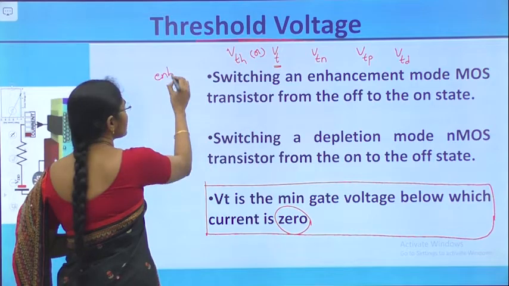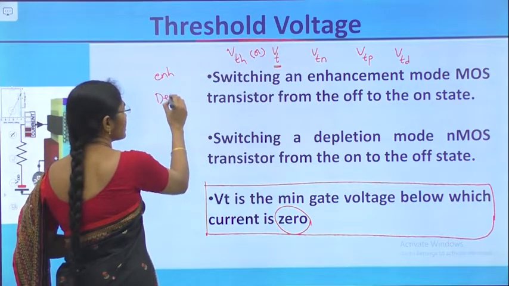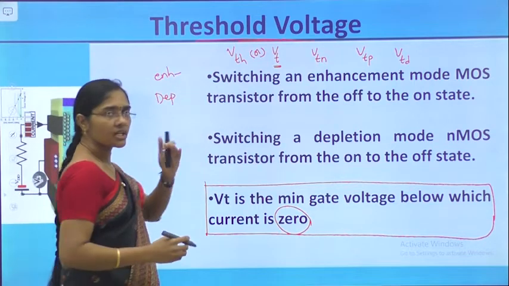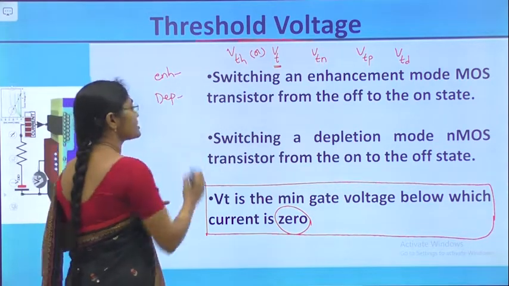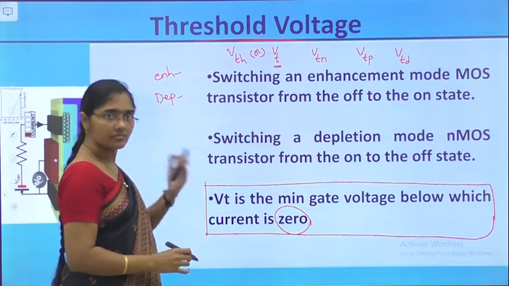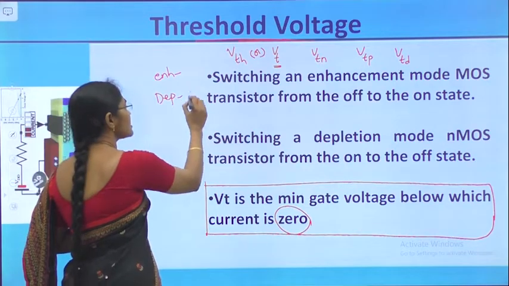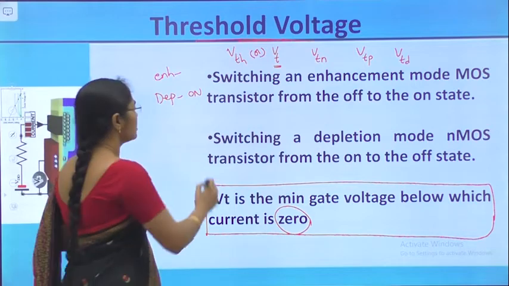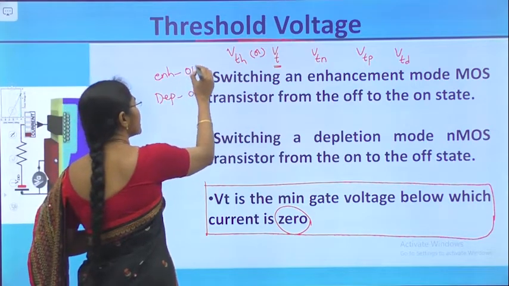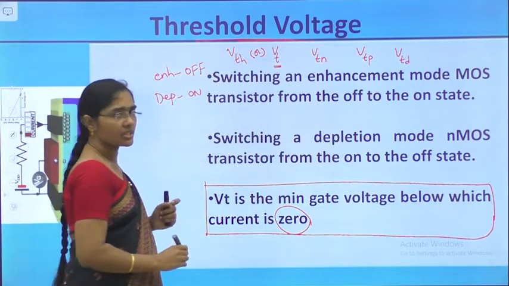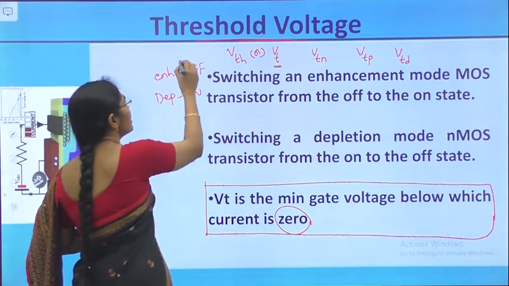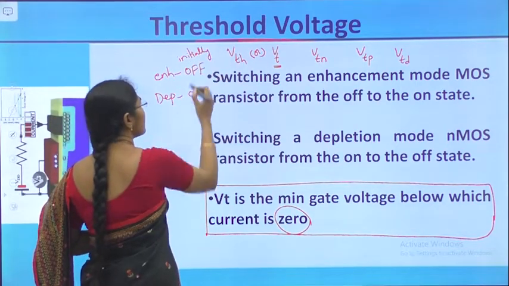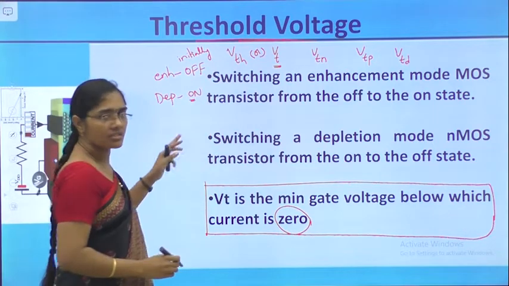We have enhancement transistor and depletion transistor both. Enhancement transistor means no channel physically. Depletion transistor means a channel exists physically. Therefore, the depletion transistor is defined in other terms: initially on, while an initially off transistor is an enhancement transistor.